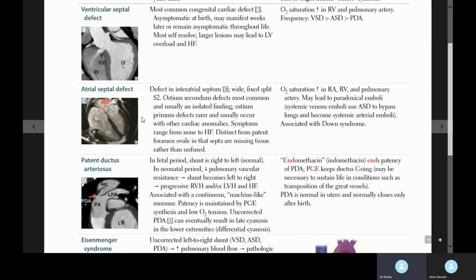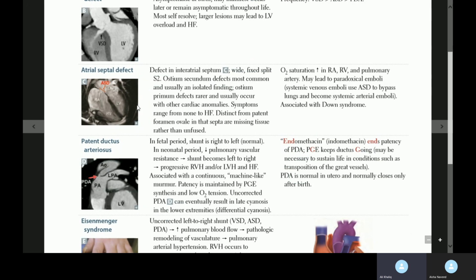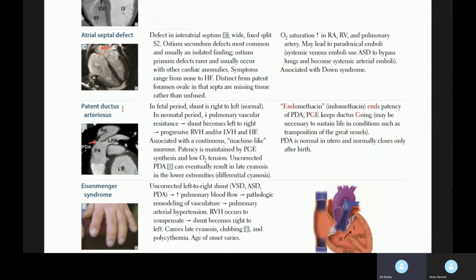No. Okay, very good. Then comes your third one, the patent ductus arteriosus. First of all, you need to understand where this ductus arteriosus is present in the embryonic life and what was the function of it. Can you recall where it is present, the ductus arteriosus?